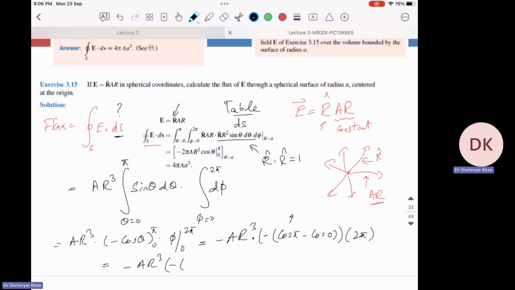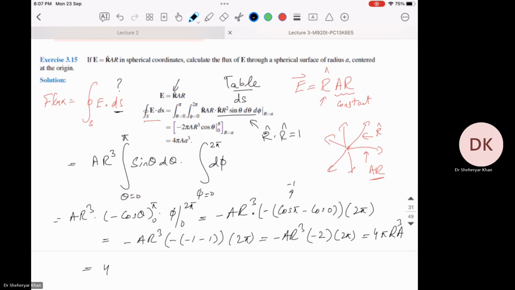You see, this cos 180 is minus 1. So be very careful about the limits.